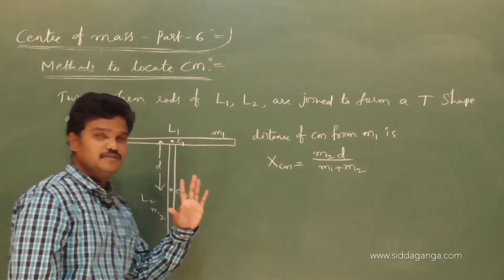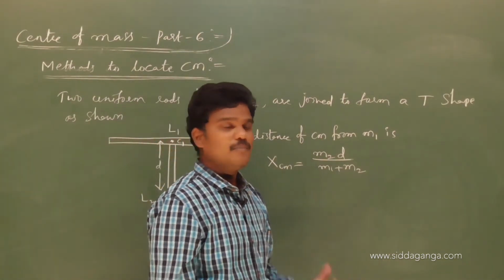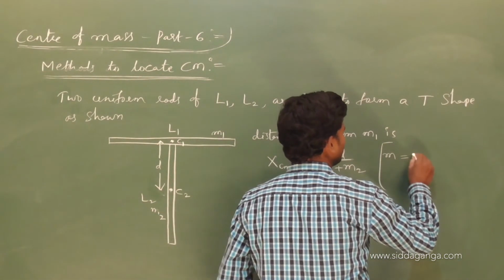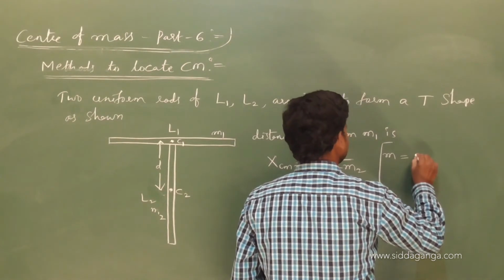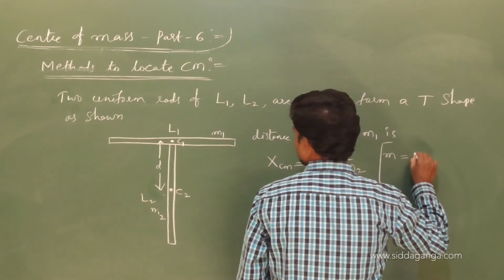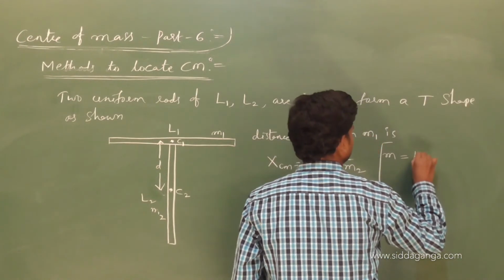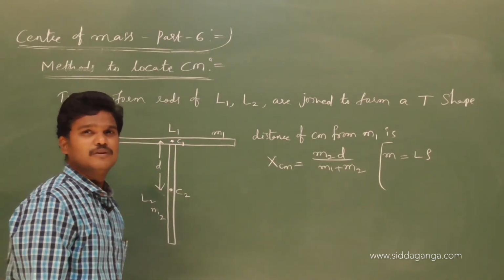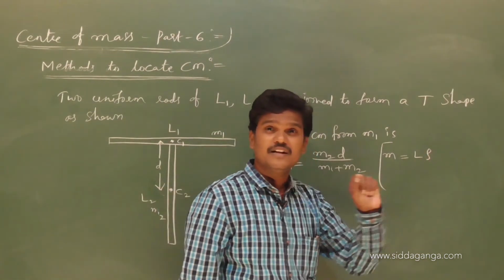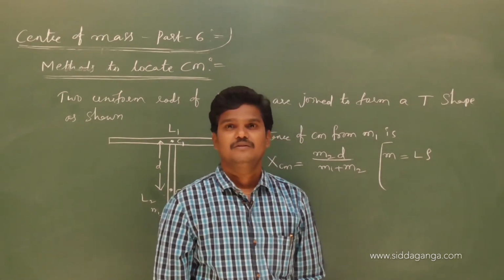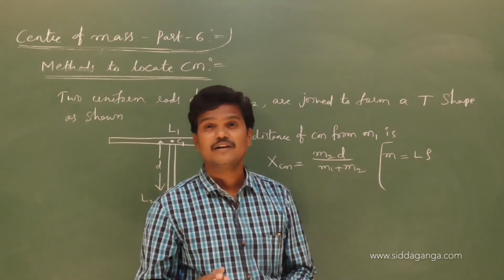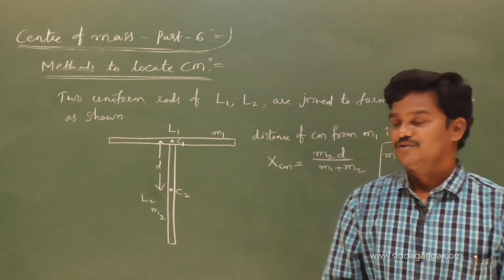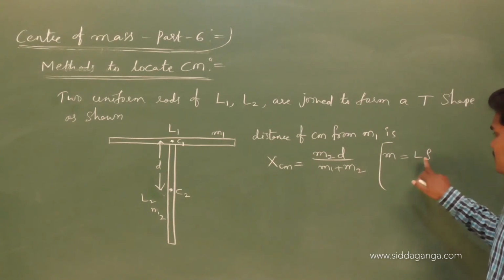And see how this M is going to vary. For uniform objects, mass varies with respect to length, so L rho. What is rho? Here rho is the linear density of the rod. Linear density is nothing but mass per unit length. So this is mass and length, this is mass per length.